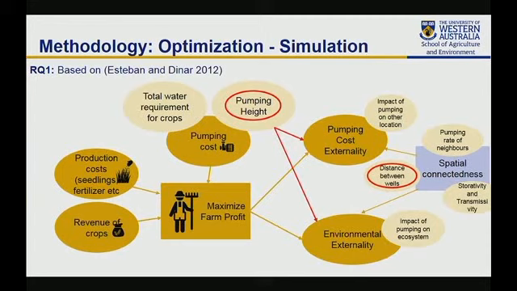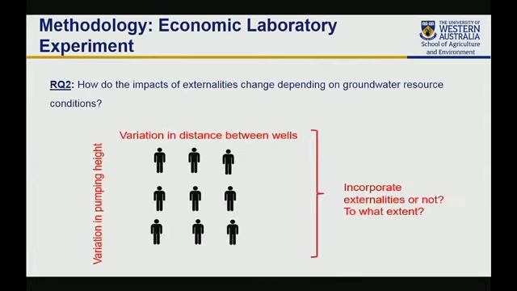At the same time, if the density of the wells in the aquifer is very high, his drawdown of water level would be more significantly increased by other neighbors' pumps, and if he does not increase his pumping rate, he also cannot have enough water for producing the crops. And this behavior will be captured in a laboratory experiment for research question 2.